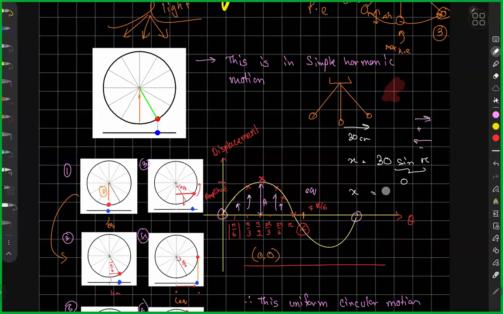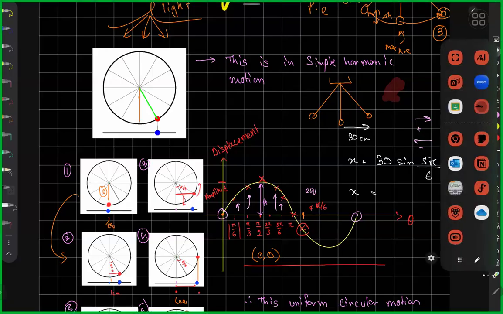Okay. Similarly, if I take another value, well, let's say 5 pi by 6. So now, for this example, whenever my theta is 5 pi by 6, the value I get will be, well, I can just show it to you guys. Where is my calculator? Okay.